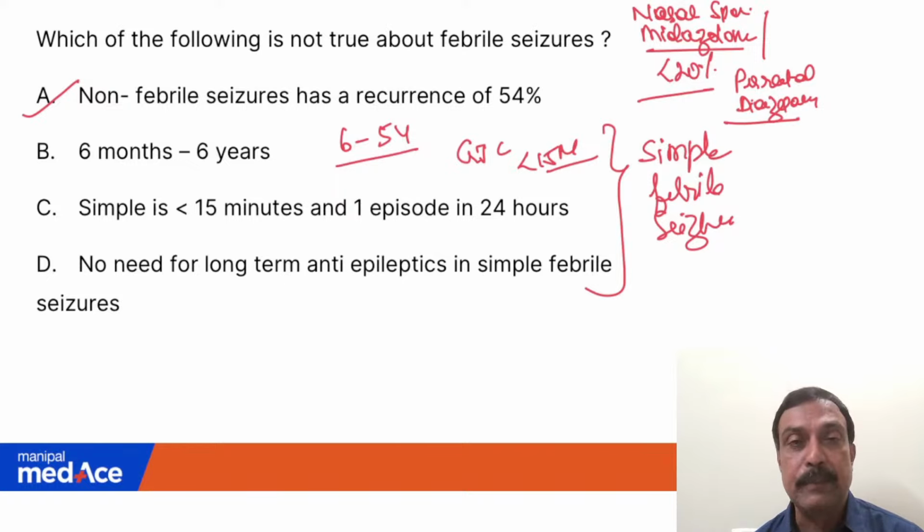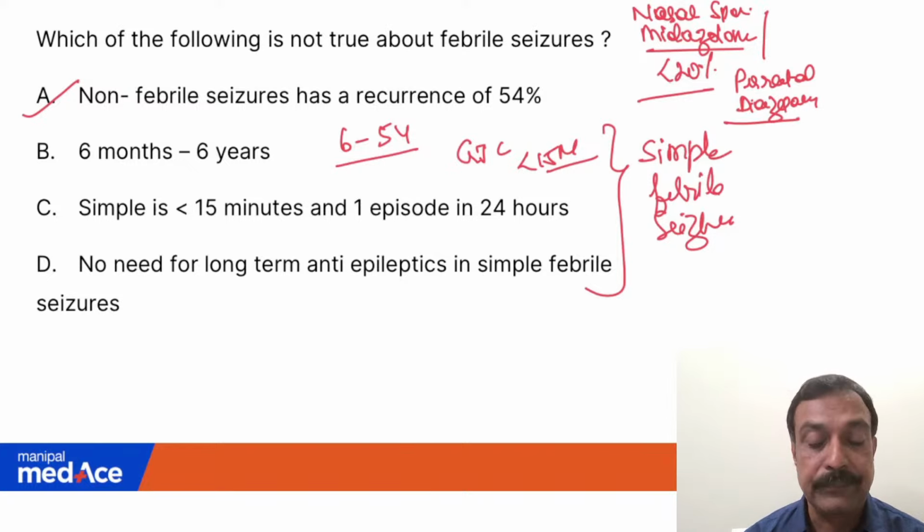Any benzodiazepine can be used orally for 48 hours as seizure prophylaxis and not as a seizure medication. And prompt treatment of temperature, reducing the temperature, is necessary.